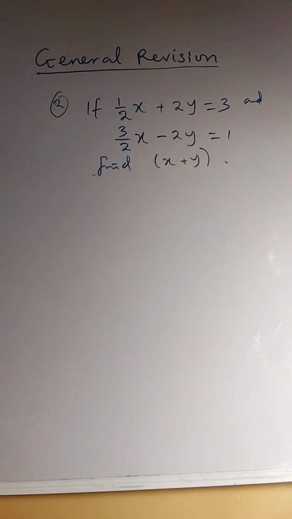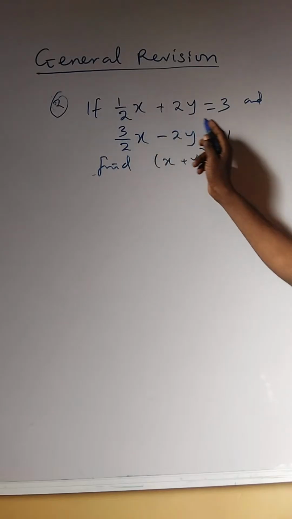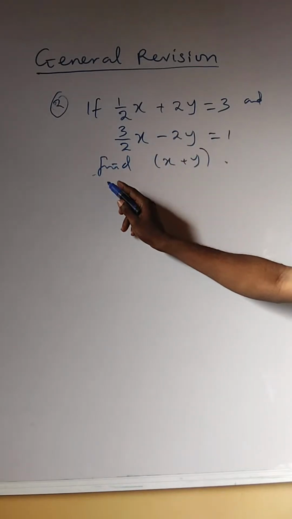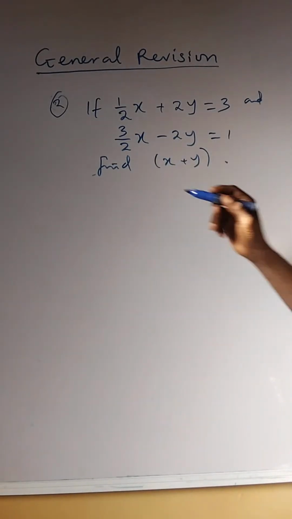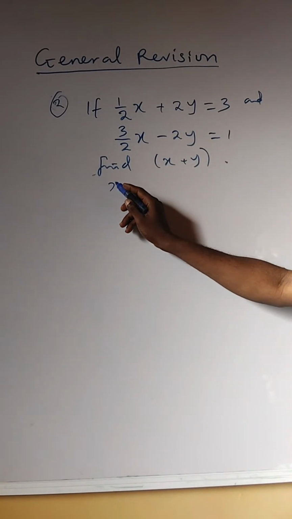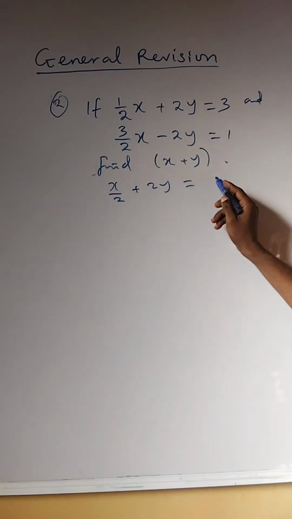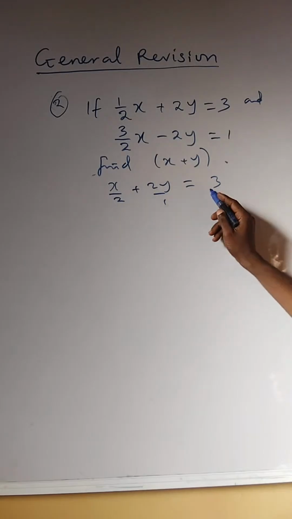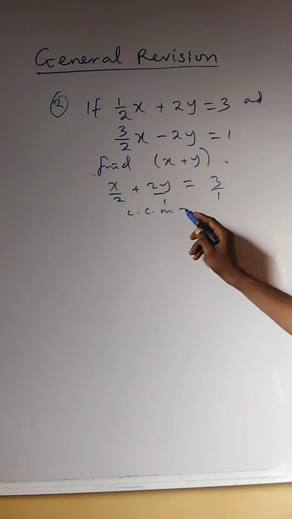This one involves fractions. You can clear the fraction here. From this equation, the first equation is the same thing as writing x over 2 plus 2y equals 3. This is 2y over 1, this is 3 over 1. The LCM here is 2.